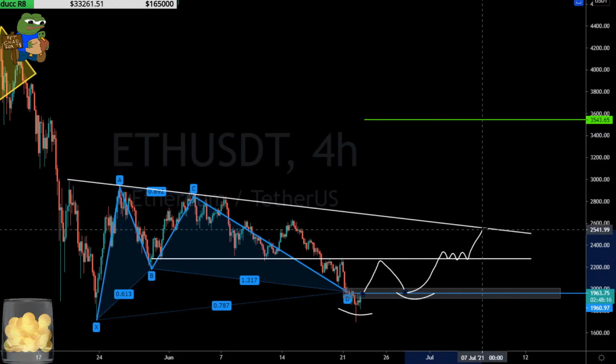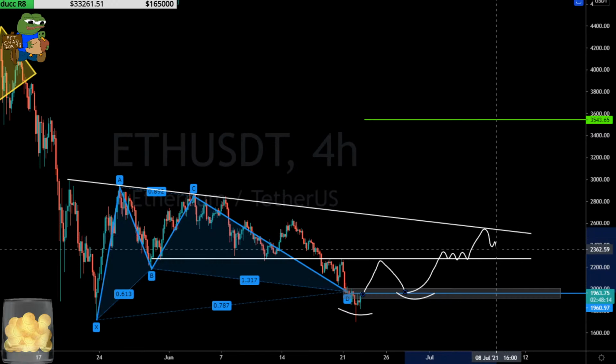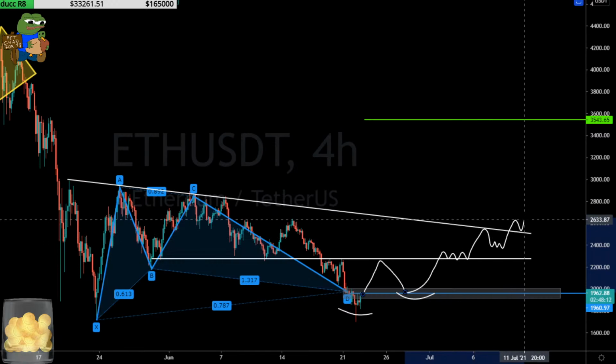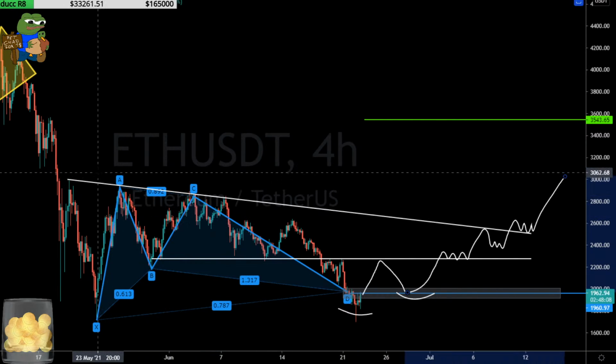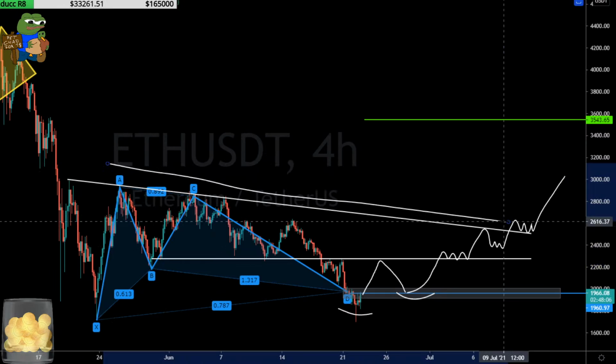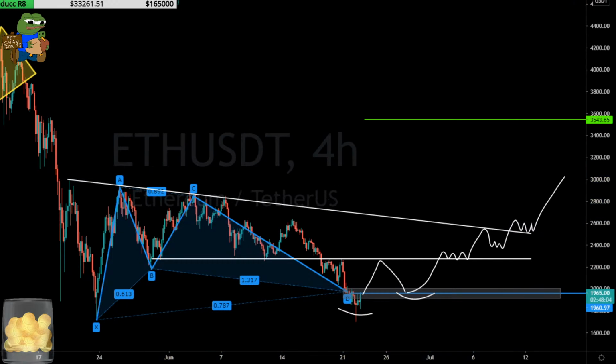And then this is where you rally, come back down, hold again, rally up above, and finally you break this downsloping trend line, okay? That's what we would want to see on ETH, where you're just flipping these levels from resistance into support.